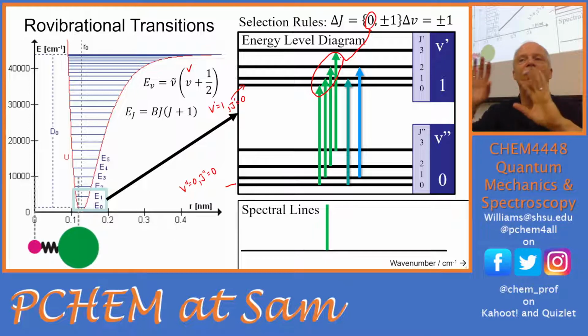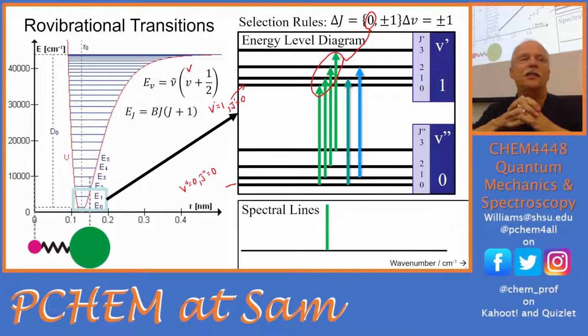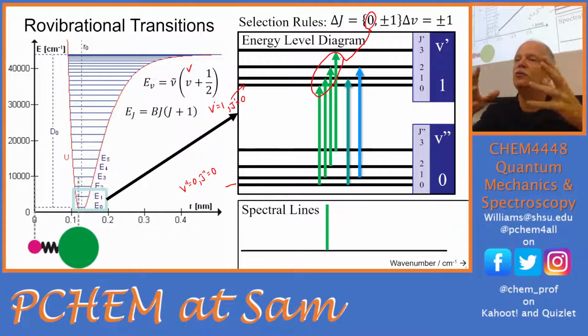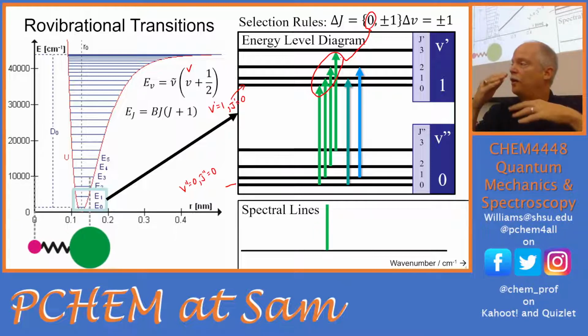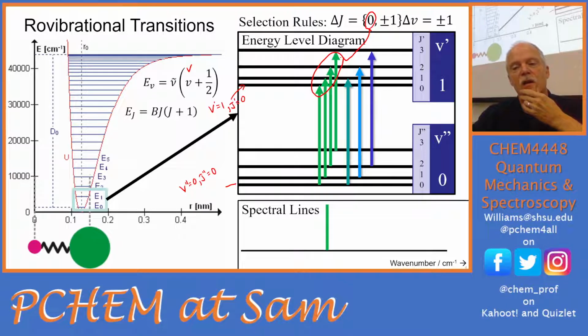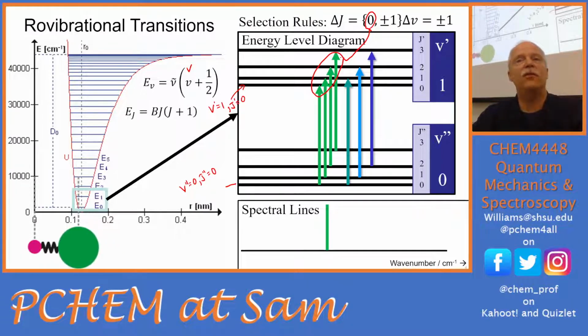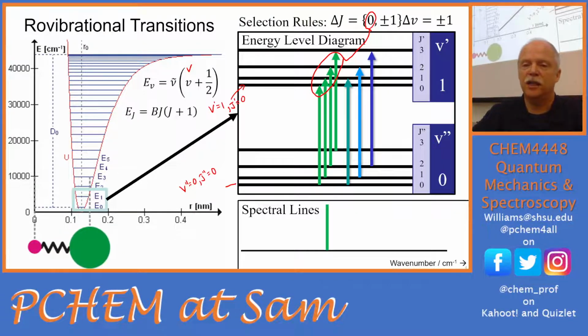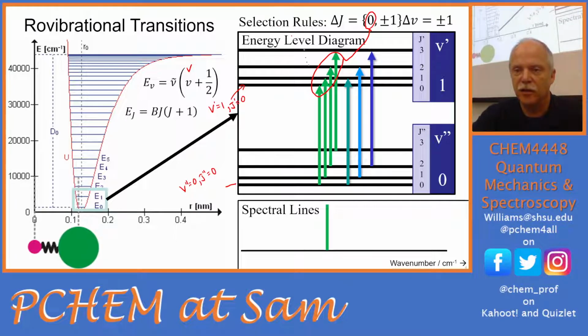All of these on the right-hand side are going to be delta J plus 1. So it's 0 to 1, and the next one is 1 to 2, and the next one is 2 to 3. Pretty straightforward, right? We're just going through the selection rules. So these are all of the plus 1 J's. So I'm going to circle those.